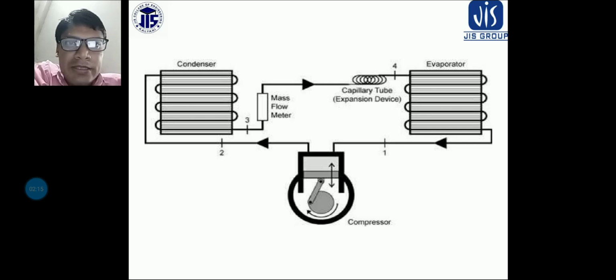When the refrigerant enters the system, it is compressed and comes to the condenser, where it is condensed. After the condensation, it comes to the capillary tube, and from the capillary tube it goes to the evaporator. So this is how it is operated.